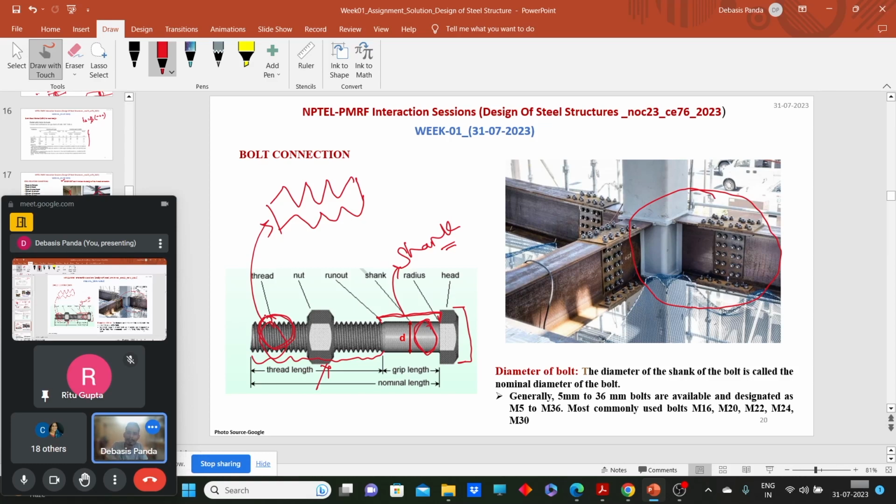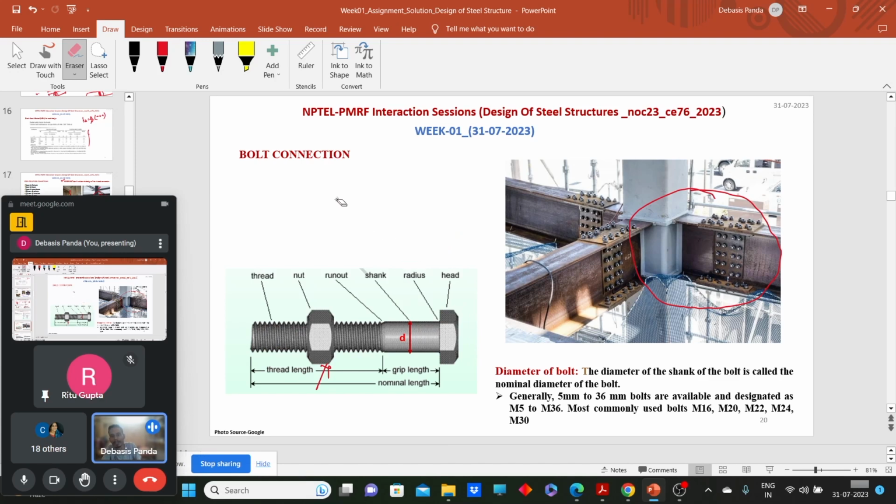Now which diameter should we call the diameter of the bolt? For a rivet, we call the shank diameter the diameter of the rivet. For the bolt, which diameter can we call the nominal diameter or the actual diameter? For bolted connections, the diameter of the shank, or the diameter of the unthreaded portion, is called the diameter of the bolt.